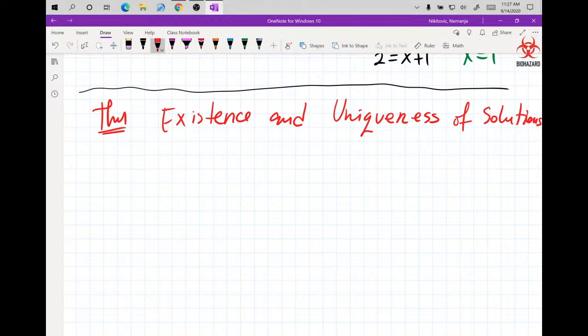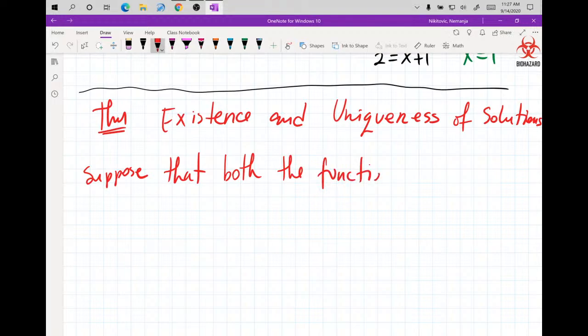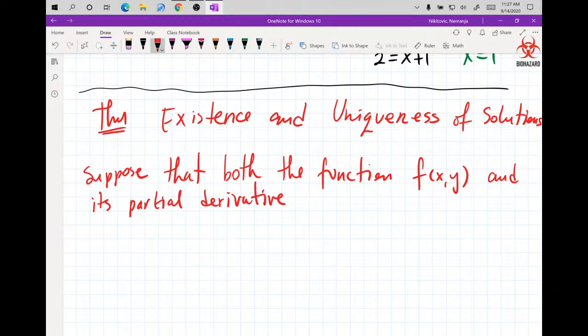So suppose that both the function f of x, y and its partial derivative with respect to y, ∂f/∂y, those of you who took Calc 3 are used to this notation, and you are also used to this notation, so I'll put all three notations.